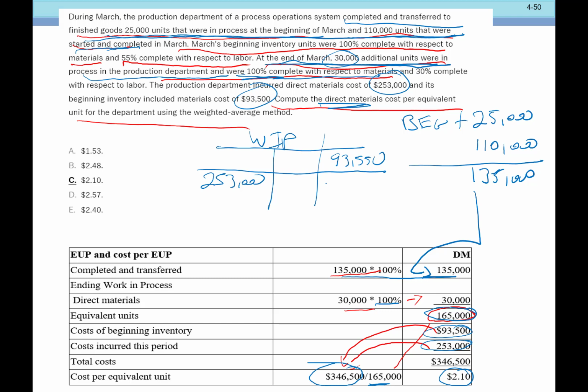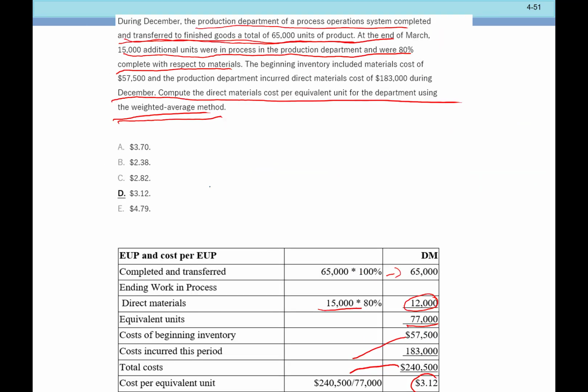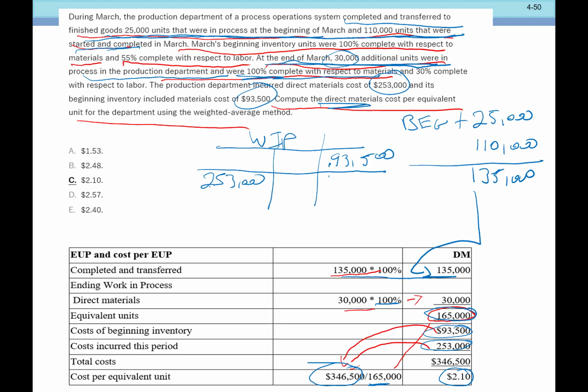Is it 500 or 550? No, it's not 93,550, it's 93,500. Okay. I add this number plus the other number, and that gives me 346,500.